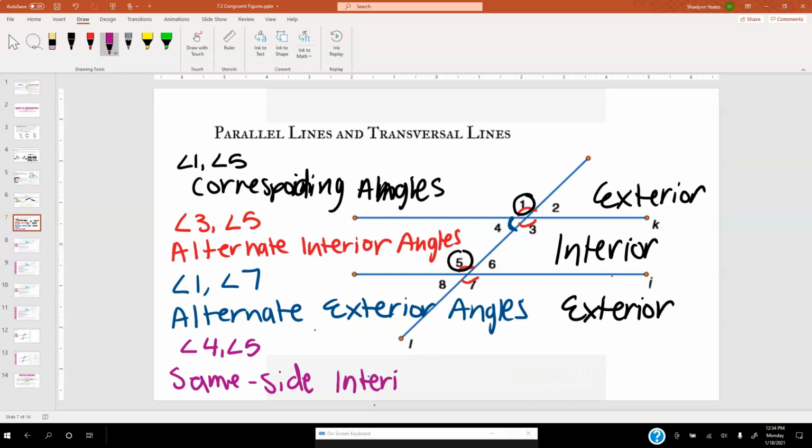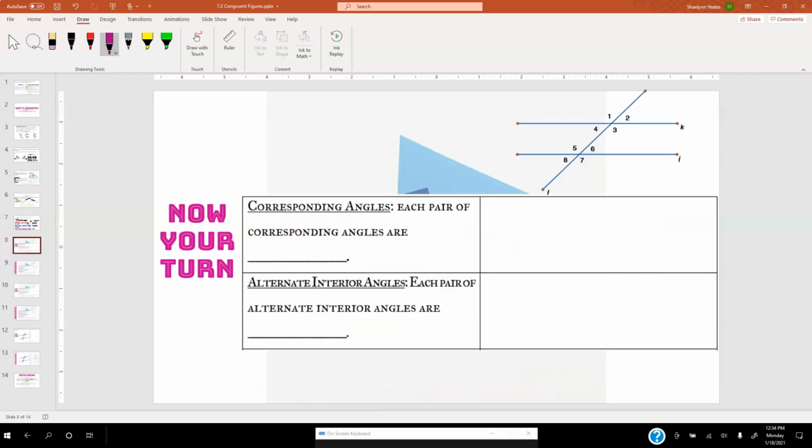Same side meaning on the same side of the transversal, interior meaning between the parallel lines. And all the other angle pairs are congruent. These ones just equal 180 degrees.